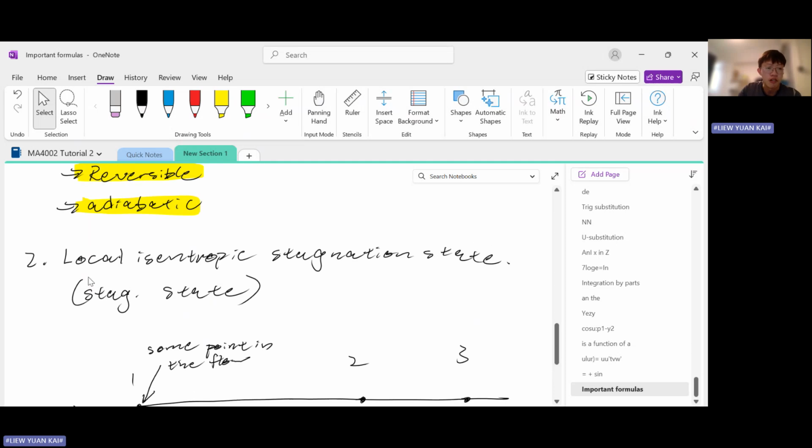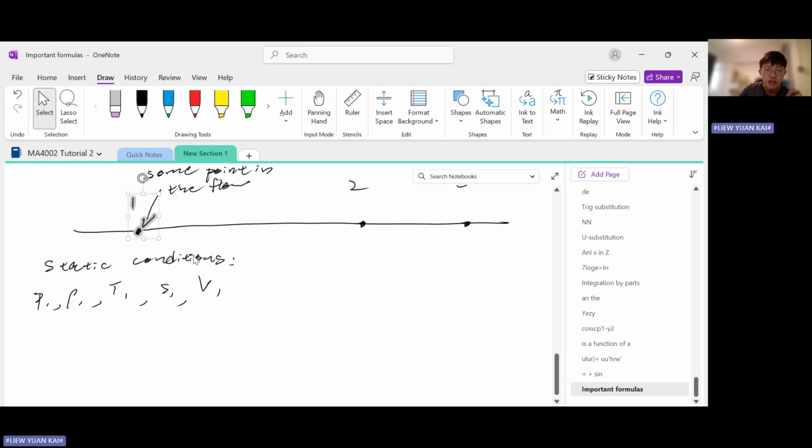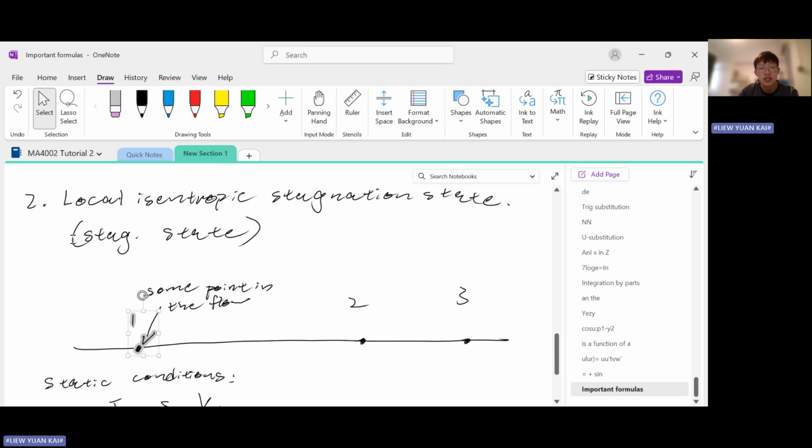For example, I just take this random point 1. Each point in the flow can undergo an isentropic process, which will lead it to its corresponding local isentropic stagnation state.